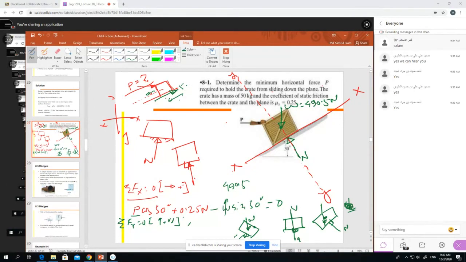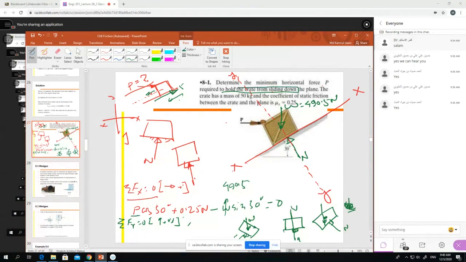Based on the condition given in the problem, P is the force required to stop the crate from sliding down.